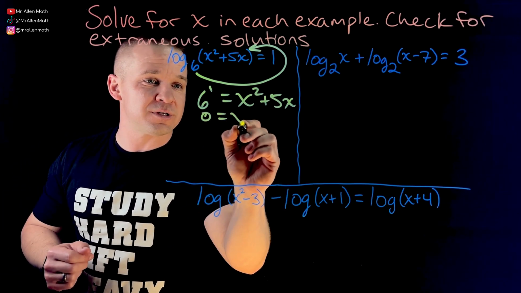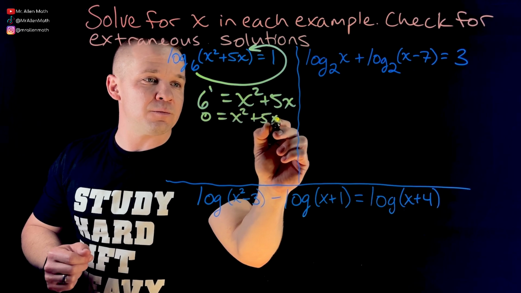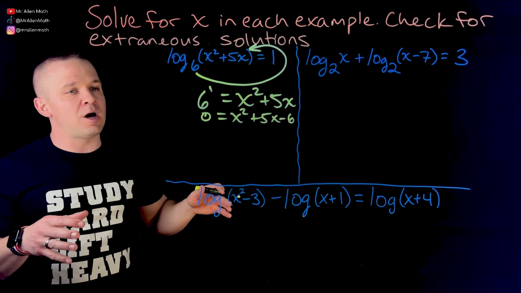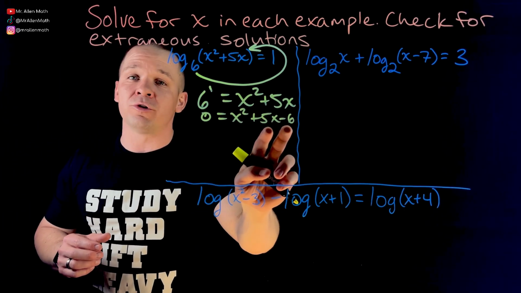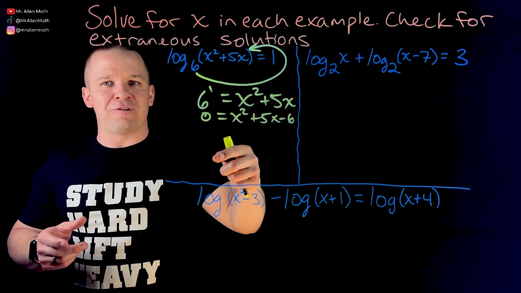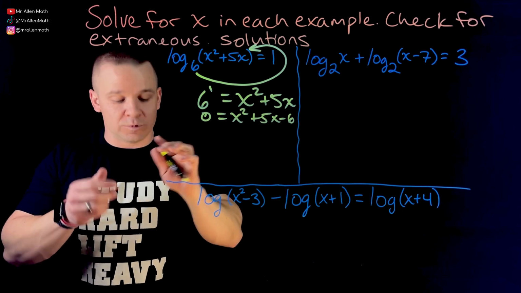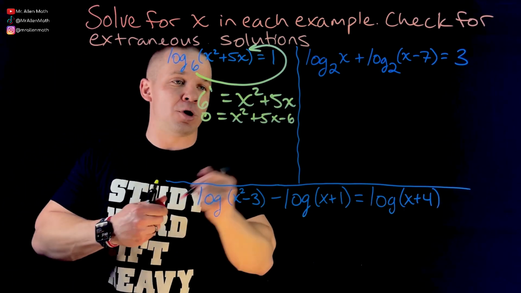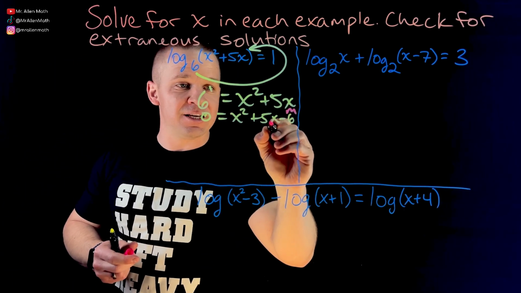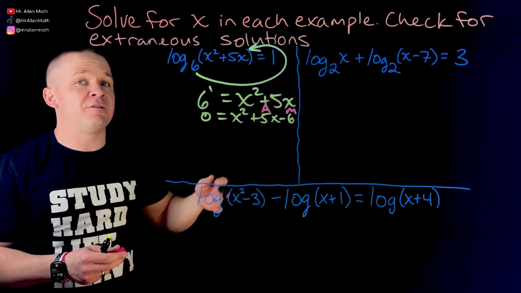So we got 0 equals x squared plus 5x minus 6. People screw this one up all the time when they're factoring because these numbers are only 1 apart, meaning I can multiply to 5 and add to negative 6, or multiply to negative 6 and add to 5. Keep in mind, we always multiply to the constant, and add to the coefficient of the linear term.